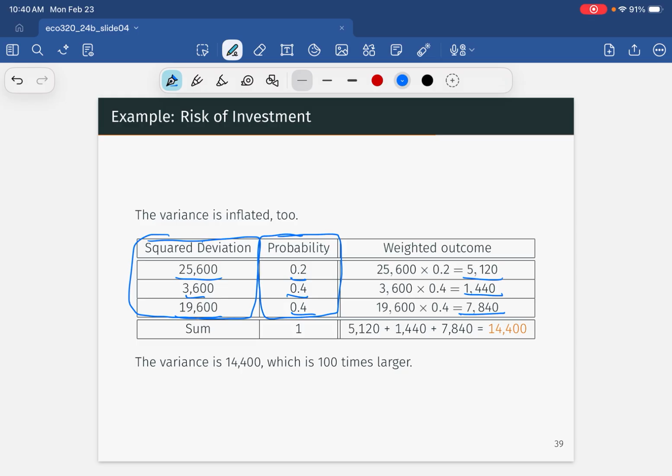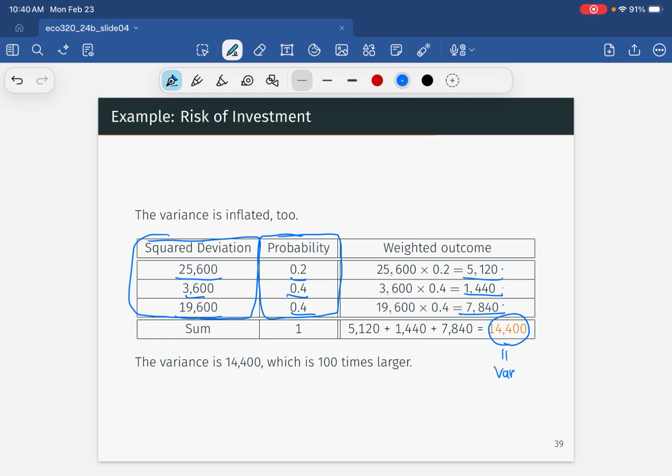Again, you can use a calculator or Excel to do this algebra. So we have 3 probability weighted outcomes, and in the end, you get 14,400. This is the variance.